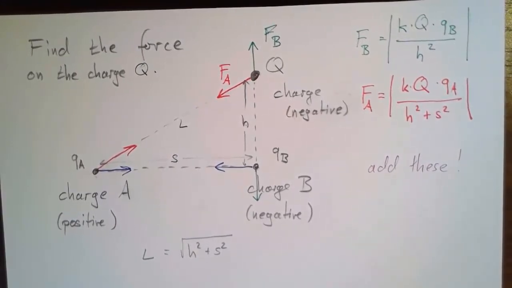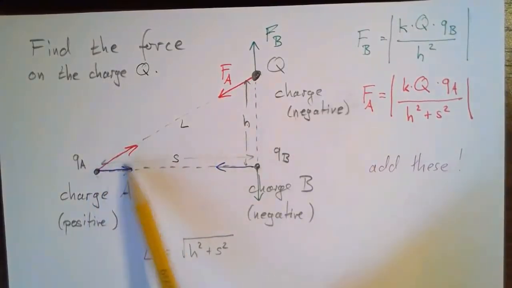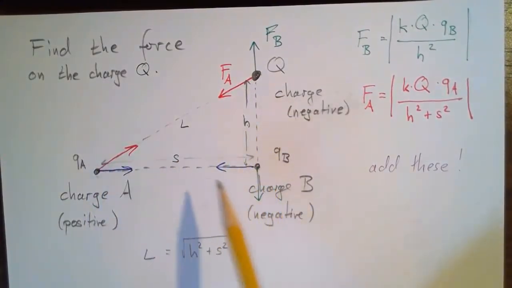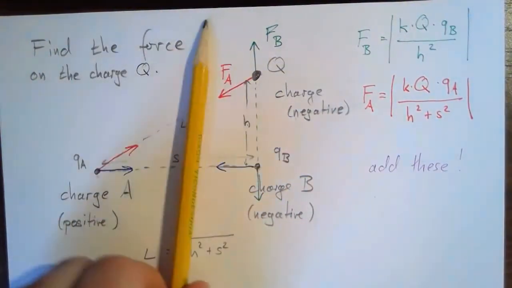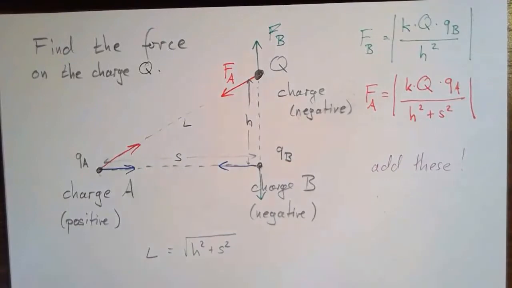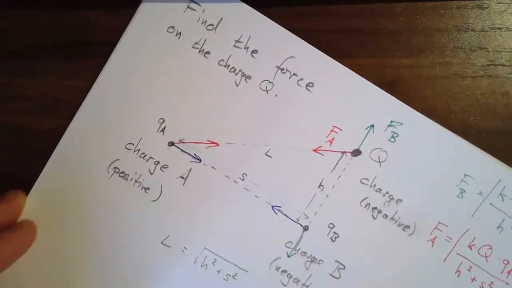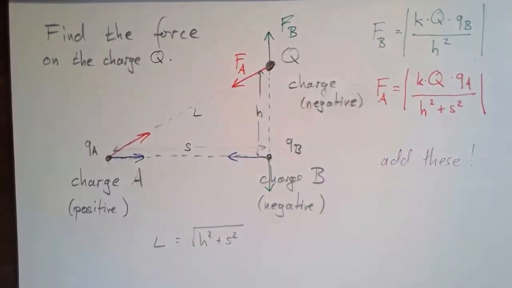So to add them as vectors, we have to find the components, which means you should really first pick a coordinate system. I think it makes the most sense here, given the geometry, to just use the usual one, where this is my x direction, and this is my y direction. It's just simplest this way. Had my chart been arranged at some funny angle, maybe some other coordinate system would have been more useful.